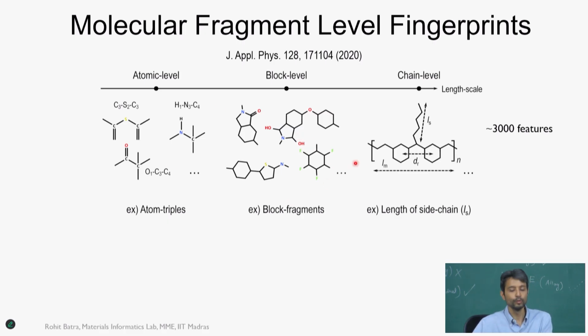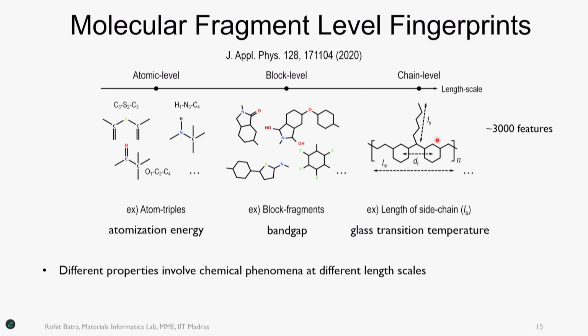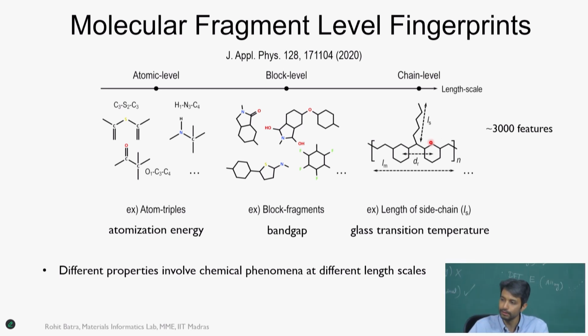So this is one way people have been doing polymer fingerprinting or even organic fingerprinting, whether it is molecules or polymers. For ligands, you can also represent them through SMILES, right? Whatever you can represent through SMILES, you can do it this way.